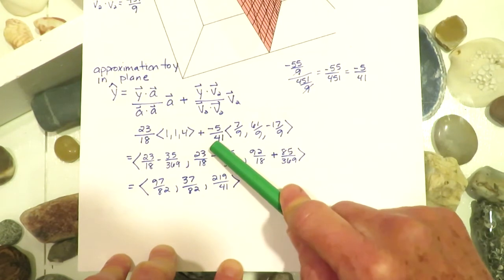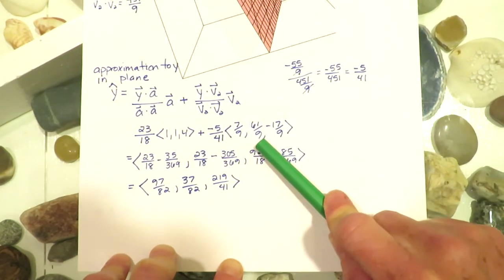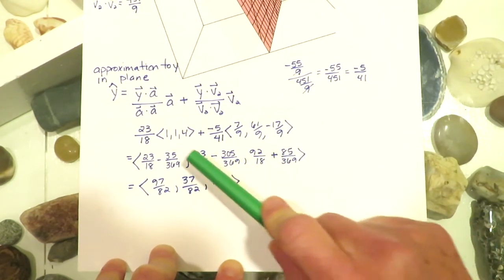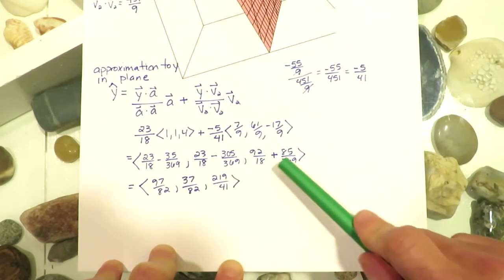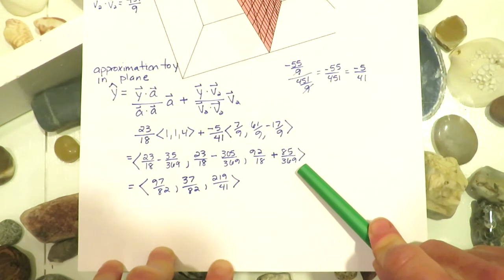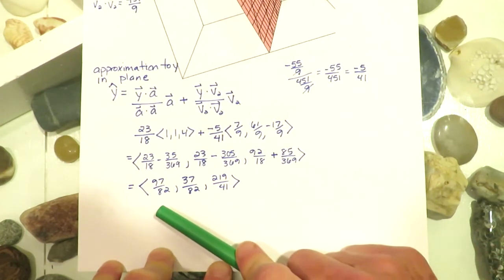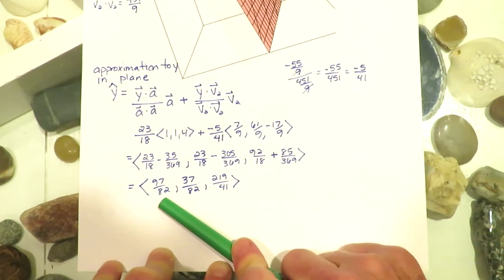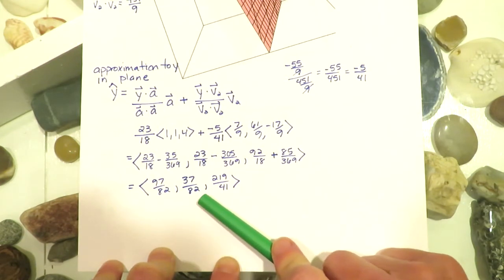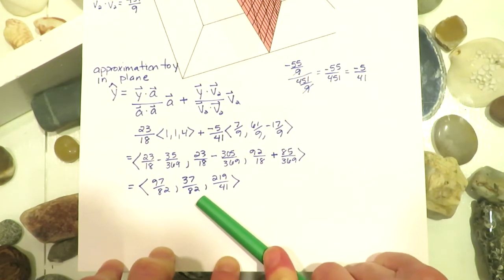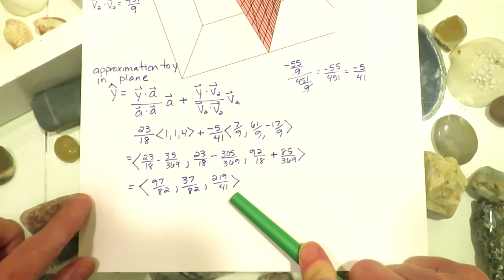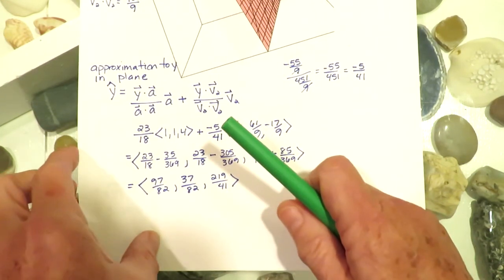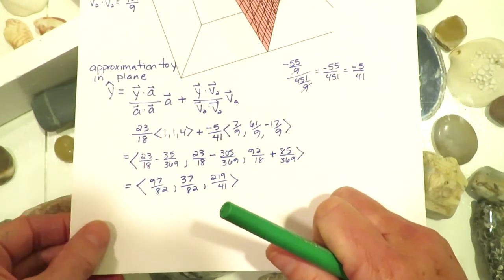So -5/41 is the scalar that I multiply v2 by. And then I add these two projections together, and again it's a little bit messy fraction arithmetic, but after I clean it up I get 97/82 for component 1, 37/82 for component 2, and 219/41 for component 3.